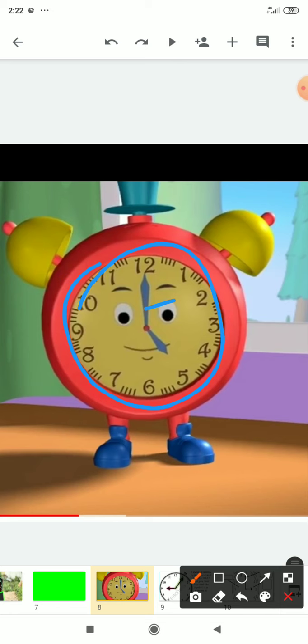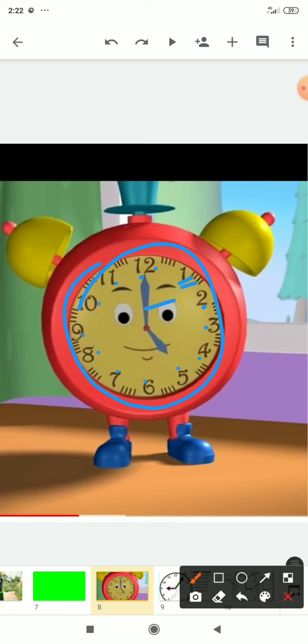In this clock we will see that there are numbers written on the flat surface. It is from 1 to 12. So 1, 2, 3, 4, 5, 6, 7, 8, 9, 10, 11, 12.